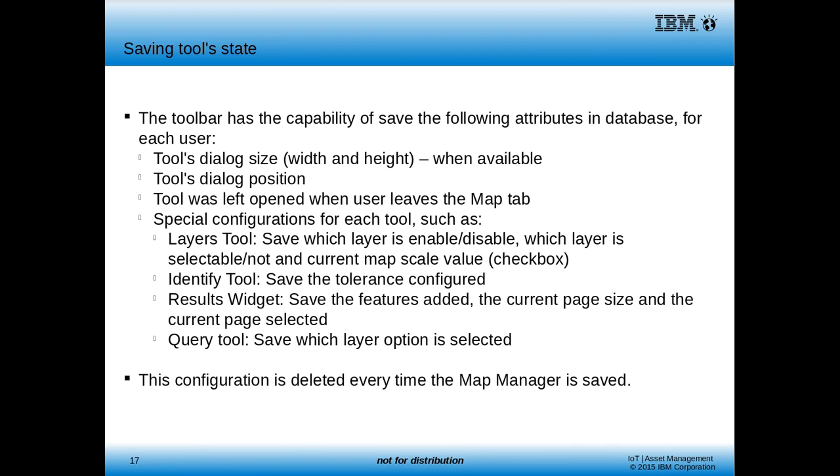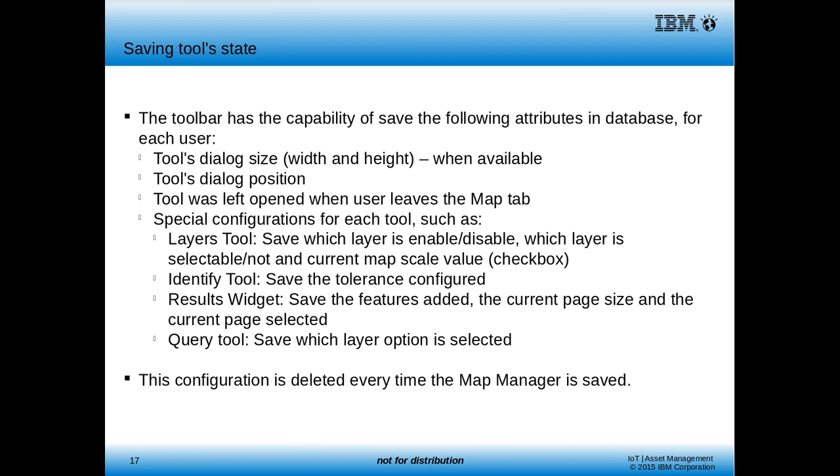Also, for some tools, we have special configurations that we save as well. For example, layer tools: you are saving which layer is enabled or disabled, and which layer is selectable or not selectable, and also the current map scale checkbox.